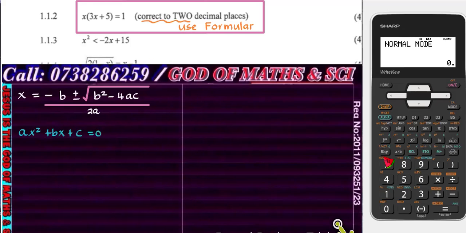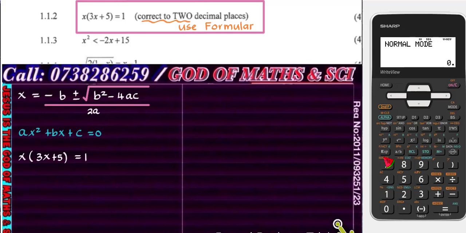So you must have the x squared, you must have x to the 1, and you must have the other number without the x. So I'm going to write that one down and show you how we're going to do it. We've got x(3x + 5) = 1.